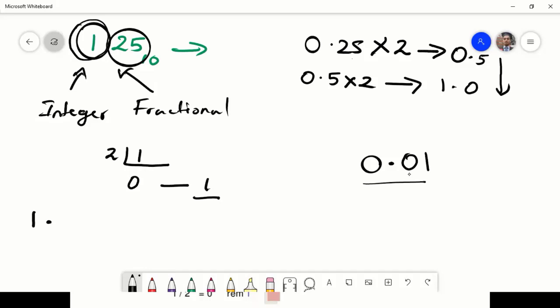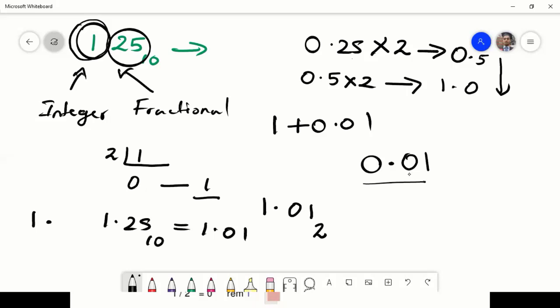For the integer part 1, it will come 1. So now we have 1 plus 0.01. Instead of this 0, you can put this integer part. So we will get 1.01. So this is base 2. It means 1.25 base 10 is equal to 1.01 base 2.